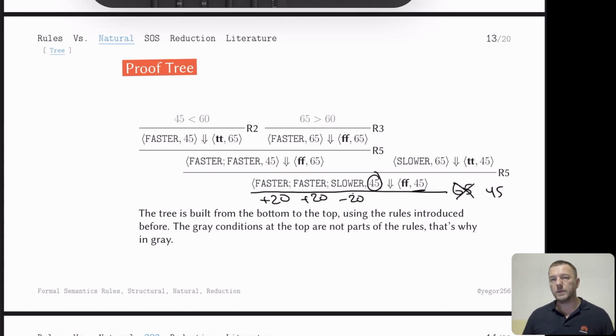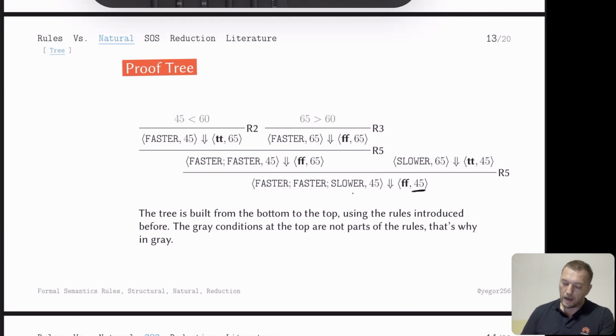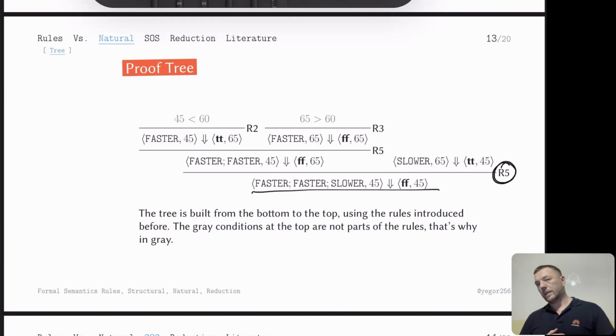So there are some limitations, some control points, which will prevent the machine from going over 60 kilometers per hour. How? On my proof tree. Let's take a look. We did it before. So we take this command, we break it down, we find the rule in our set of rules which is suitable for this situation.